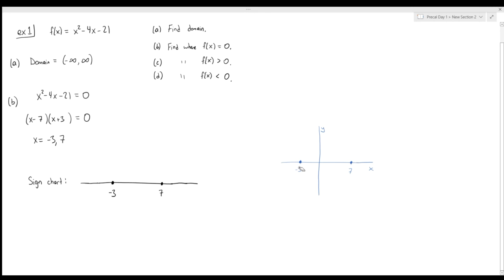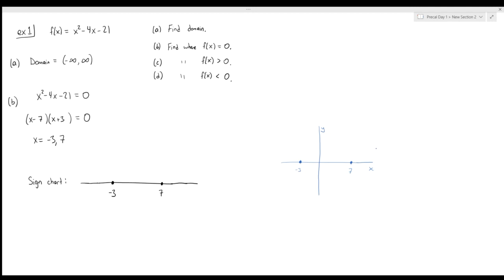So these two zeros that we found divide the number line into 3 separate intervals: 1, 2, 3. And what's going to happen is in each of these intervals, our function has to be either always positive or always negative.